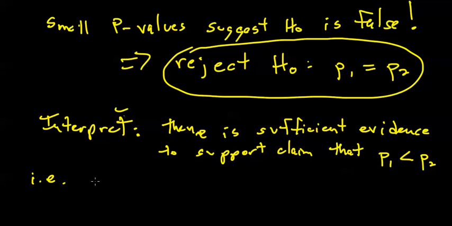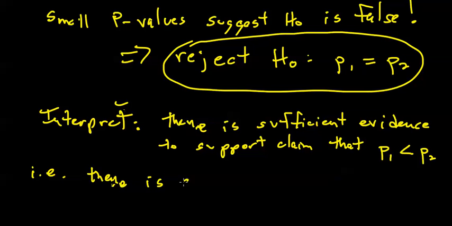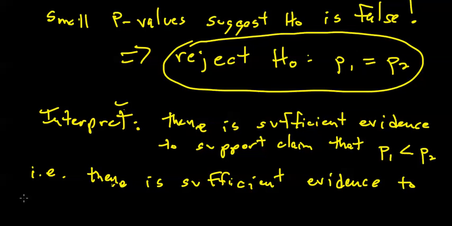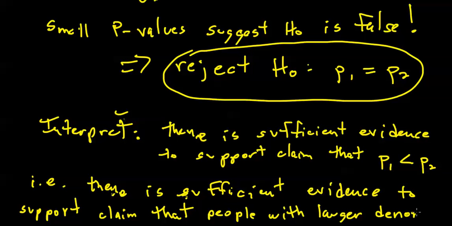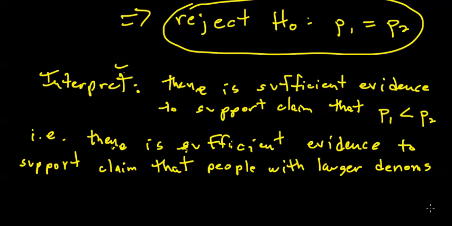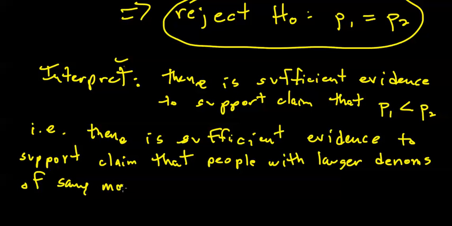I.e., in other words, there is sufficient evidence to support the claim that people with larger denominations, I'll abbreviate that as denoms, of money, of same or equivalent monies, are less likely to spend.